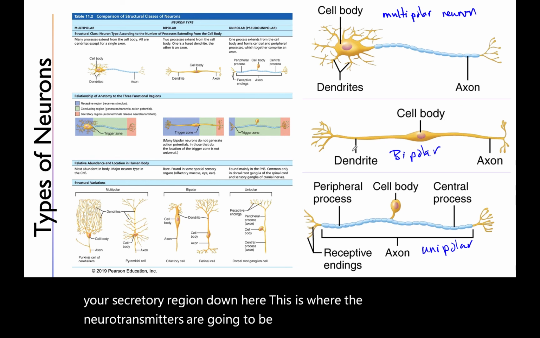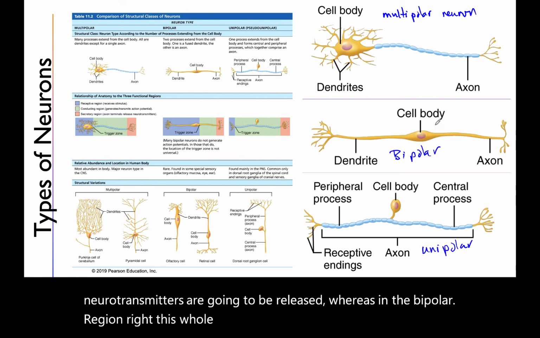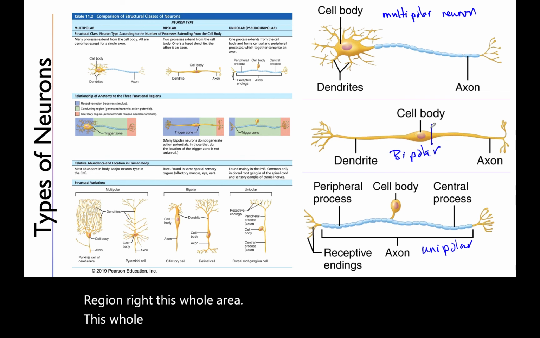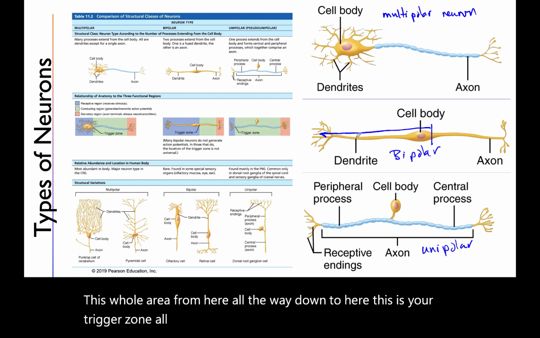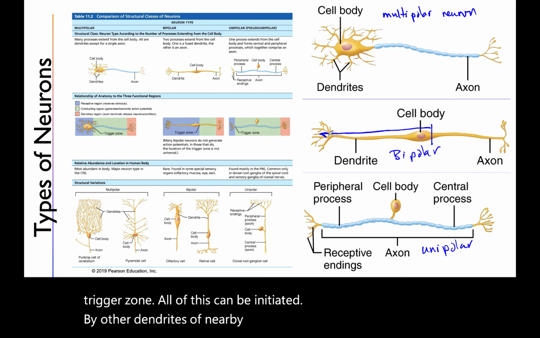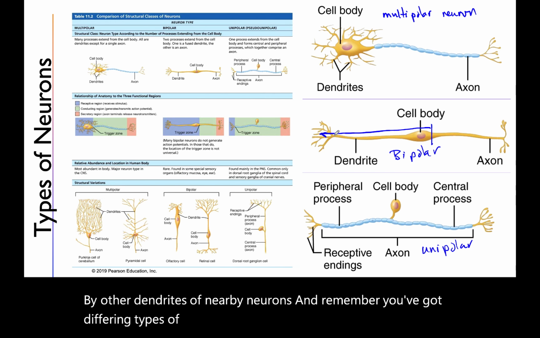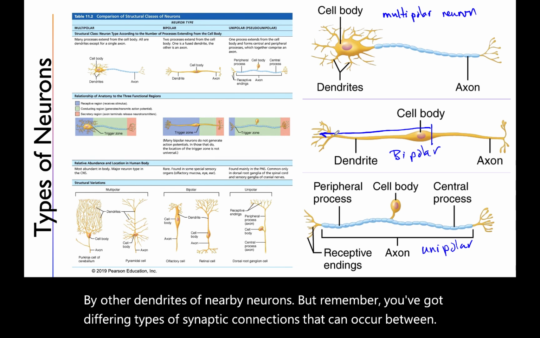Whereas in the bipolar neuron, this whole area from here all the way down to here, this is your trigger zone. All of this can be initiated by other dendrites of nearby neurons. Remember, you've got differing types of synaptic connections that can occur between axons and dendrites.